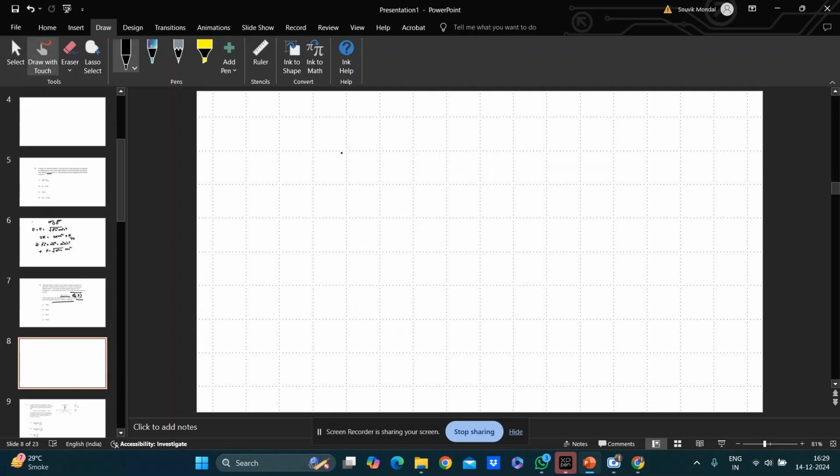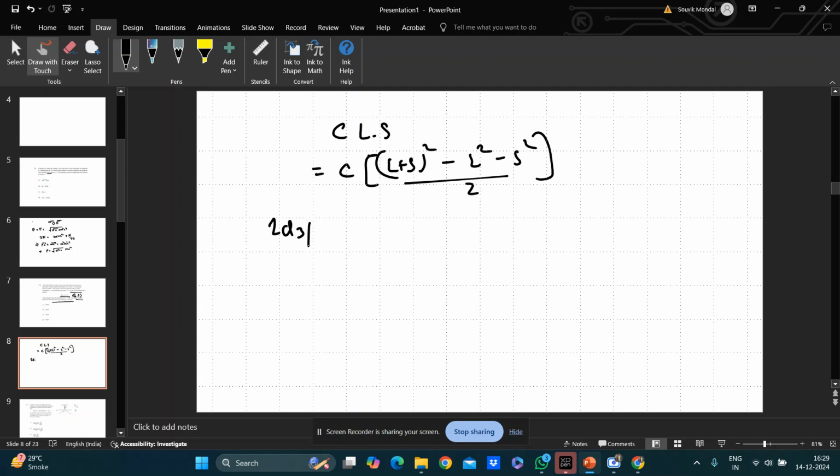C L dot S is equal to C into (J square minus L square minus S square) by 2, where J is L plus S. Now they are describing 1d 3 by 2 and 1d 5 by 2. For one case J is 3 by 2, and for the other J is equal to 5 by 2. Both are d orbitals, so the L value is the same and the spin is also the same, so when you take the difference, these two parts will not contribute.